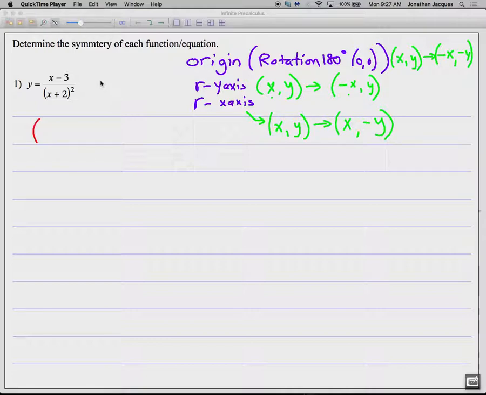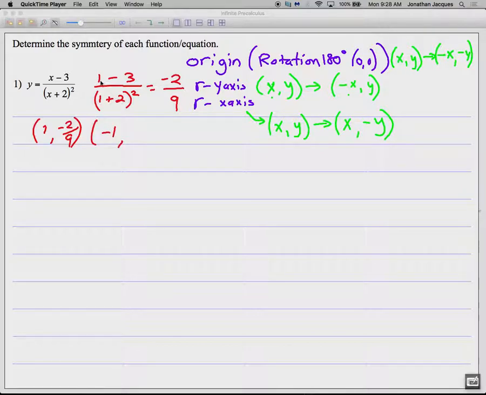So I'm going to choose 1. 1's a nice number. If I plug in 1 minus 3 over 1 plus 2 squared, that gives me -2 over 9. So -2/9 is the value of the function at 1.